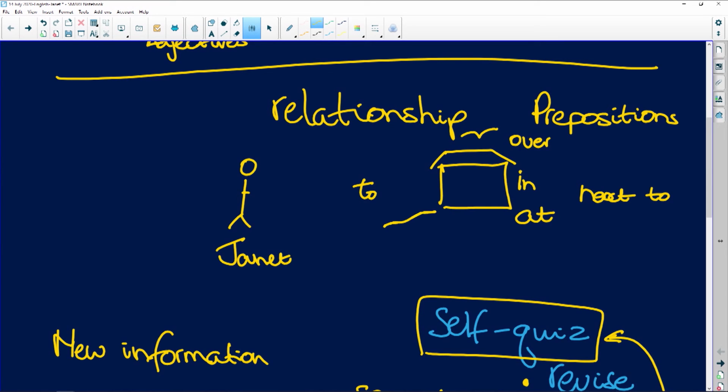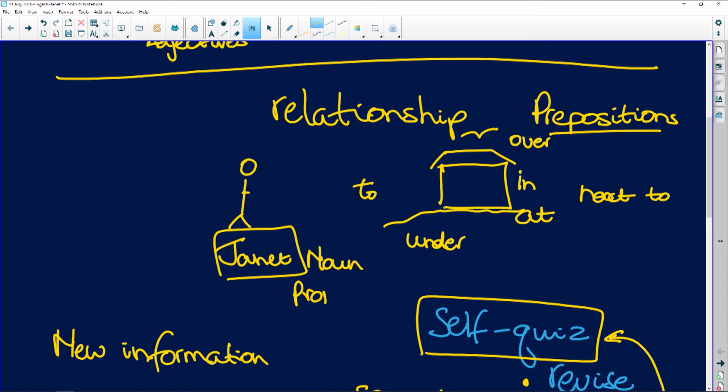There's a lot of water that seems to be flowing under the school. Do you see what the prepositions are doing? They are telling me the relationship between the person, the noun, or the pronoun, and something else. Here, it's a school building.